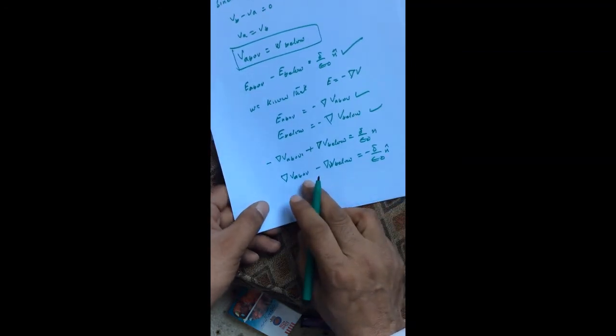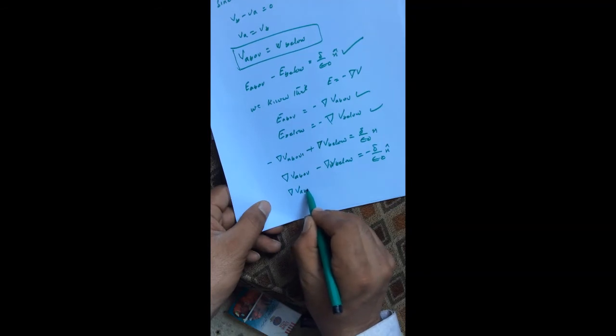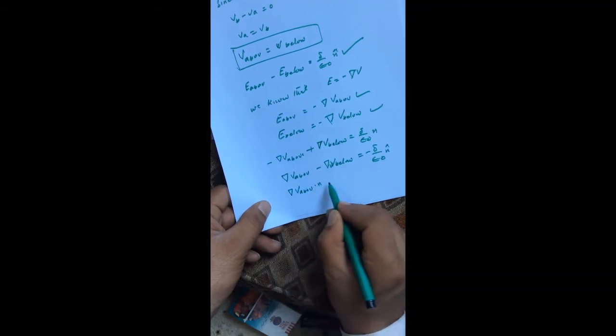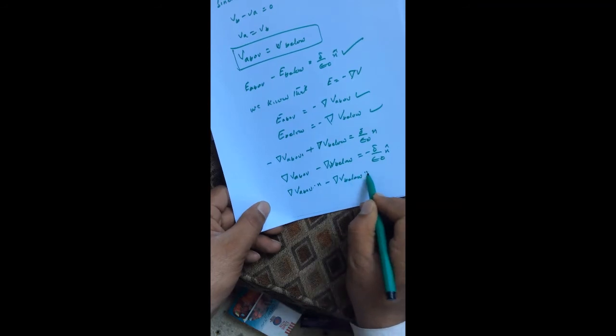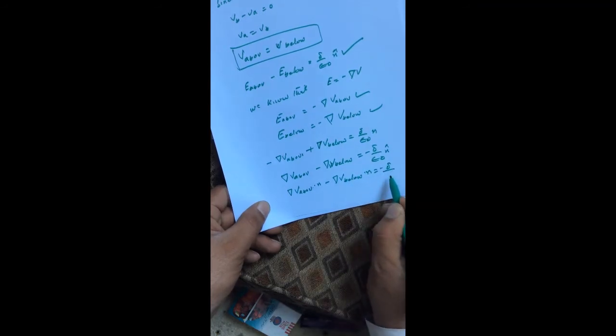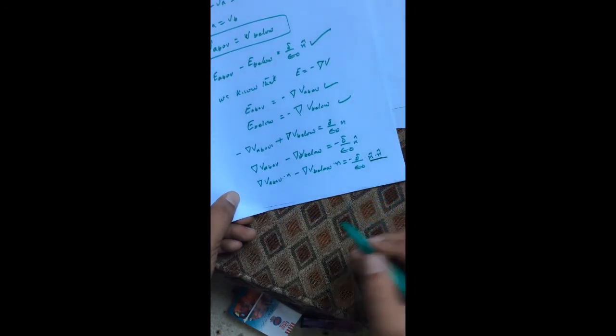Taking dot product of n on both sides, del V above dot n minus del V below dot n is equal to minus sigma divided by epsilon naught n dot n. Now these are unit vectors, so their dot product will be equal to 1.